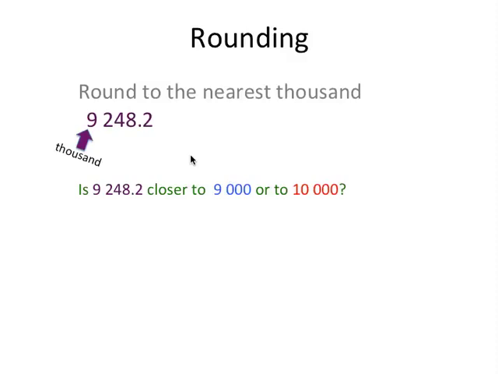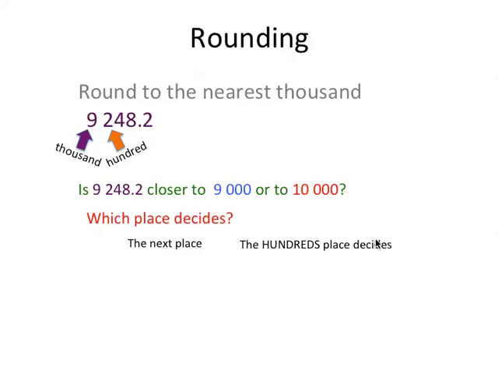Which place decides? We're talking about the thousands place, so it's the hundreds place that decides. Once again, if it's 5 or higher, we round up. If it's 4 or lower, we round down.